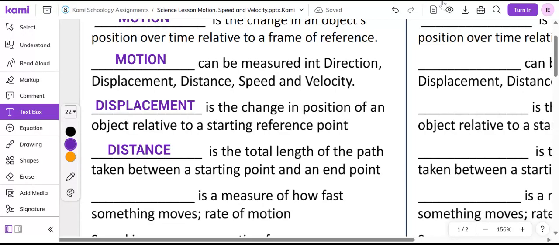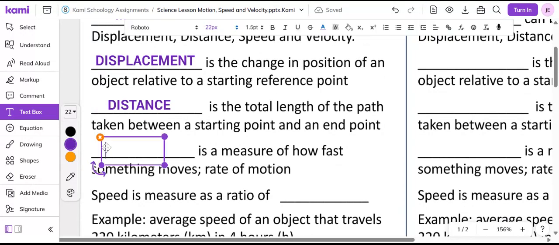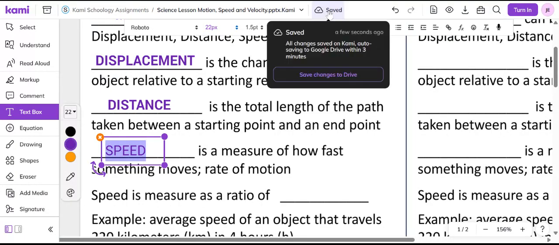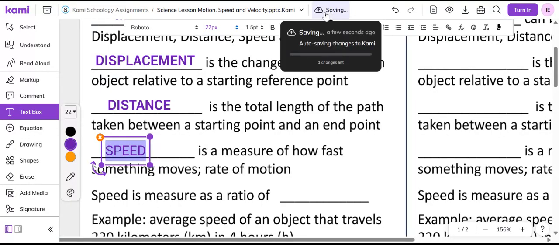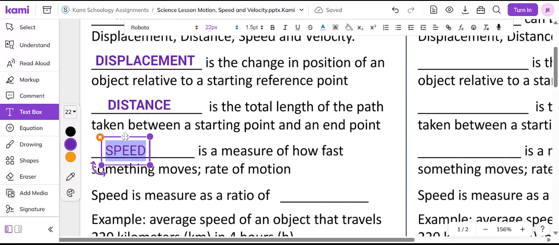And then we get to the next definition here. If we're talking about how fast something is going, from point to point, that is going to be the speed. So that is direct distance over time.